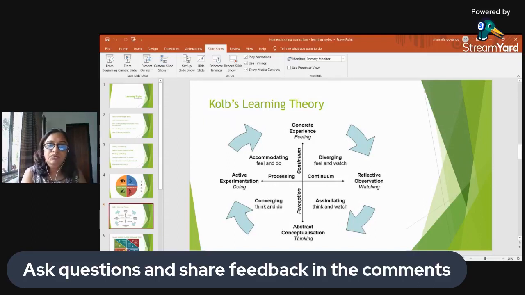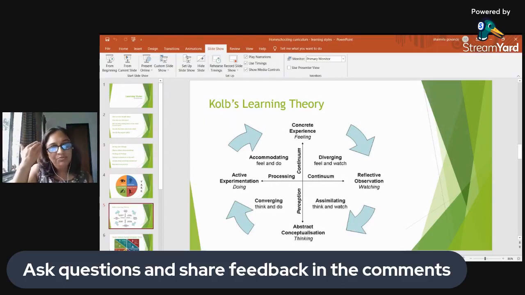And then you start assimilating your thoughts and your thinking together, and you understand various abstract concepts, and you actually see them happening. I think the best way to understand algebra, and people understand algebra completely when they start seeing algebra in the world around them. So now you're converging, and you are into that active experimentation phase where you are actually seeing things happen.